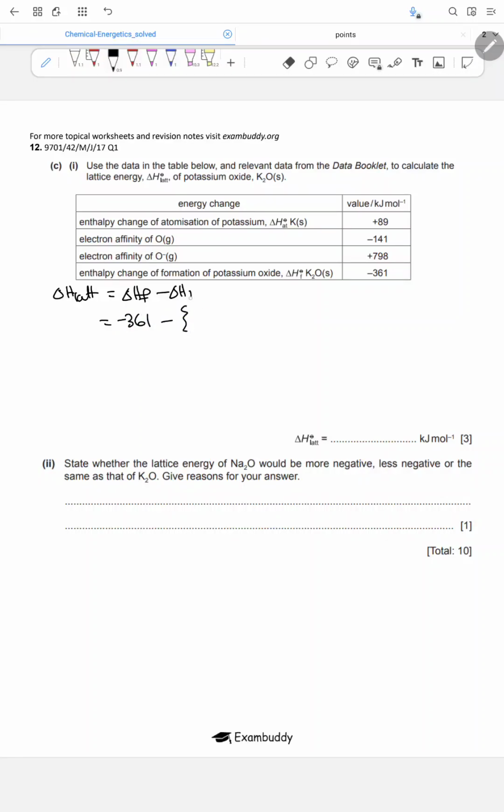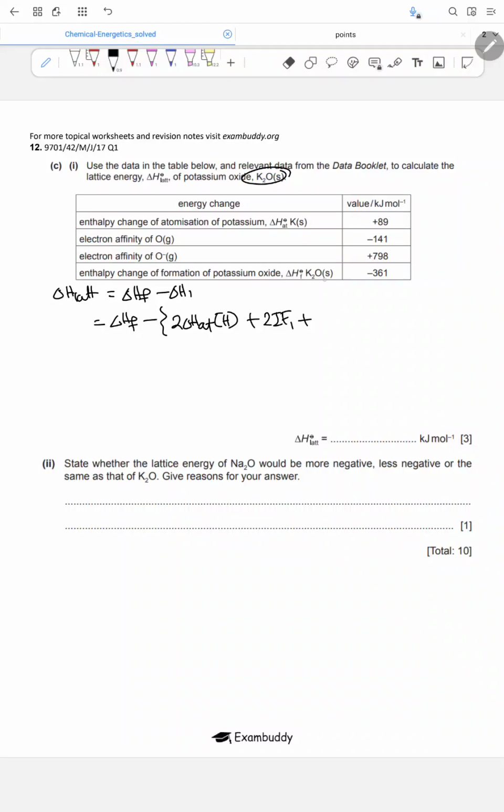So we have to convert. We have enthalpy of formation, and we have two atomization of K. We have two K's over here, so it's two atomization of K. Then two first ionization energies.